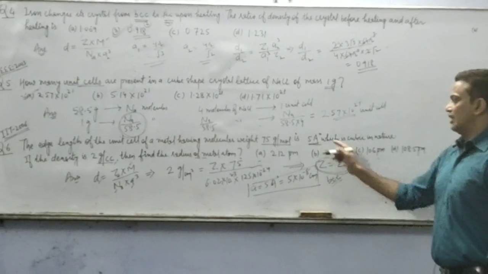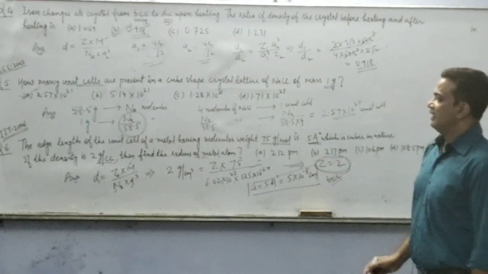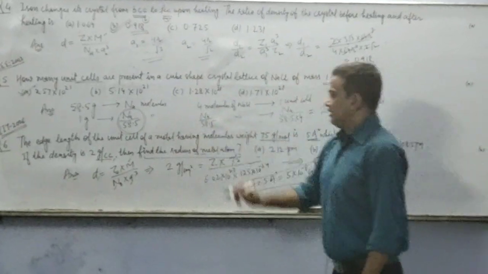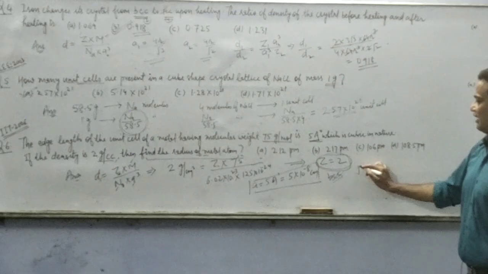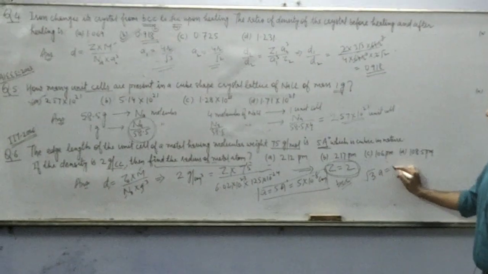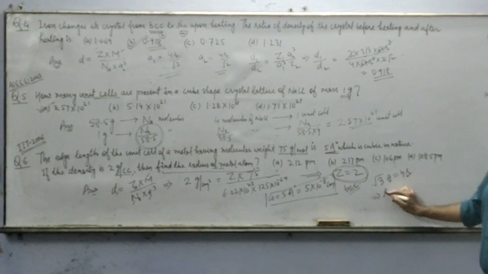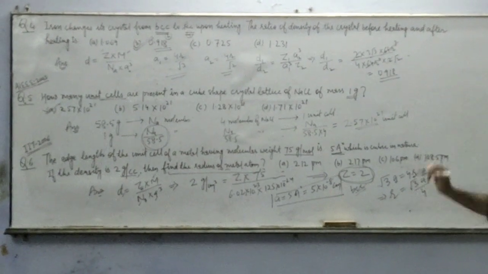Now knowing the structure of this crystal lattice, that is BCC, you have to find out the radius of the metal atom. We know the relationship between A and R for BCC structure is root 3A is equal to 4R. So A is given, you have to find out R. R is equal to root 3A by 4.